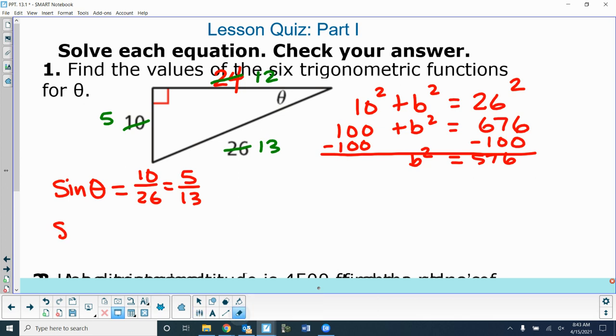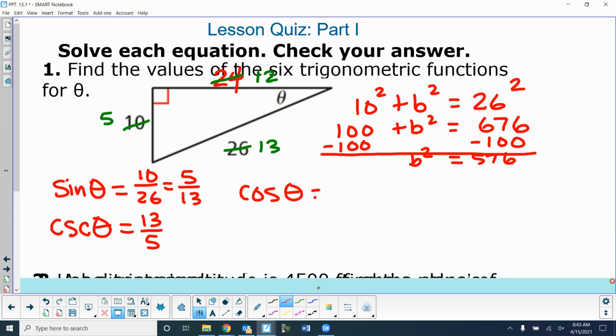Oops. Cosecant is the reciprocal of sine, so we just flip it. Okay? Cosine, remember, is CAH, which is adjacent 12 over hypotenuse 13. Secant of theta is the reciprocal of cosine, so that's 13/12.